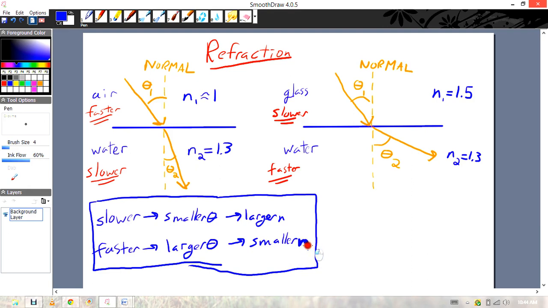And of course, the actual math is Snell's law. If you remember Snell's law, notice how the index of refraction is larger for a smaller angle.